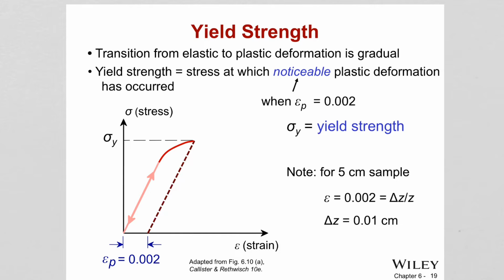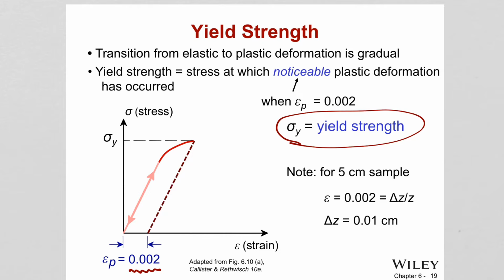So to get information about the yield strength from the stress strain curve, first of all, that is defined as sigma y, the yield strength, for which we choose a deformation amount, which is 0.002.